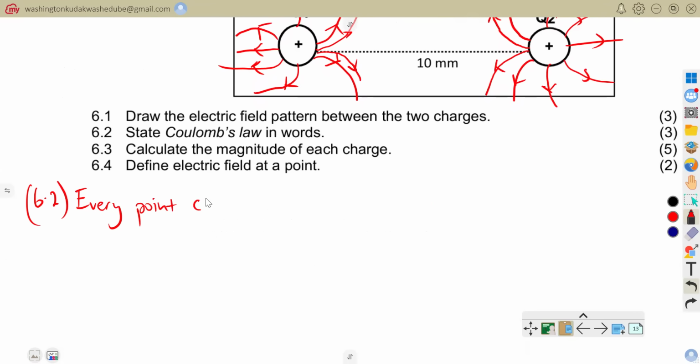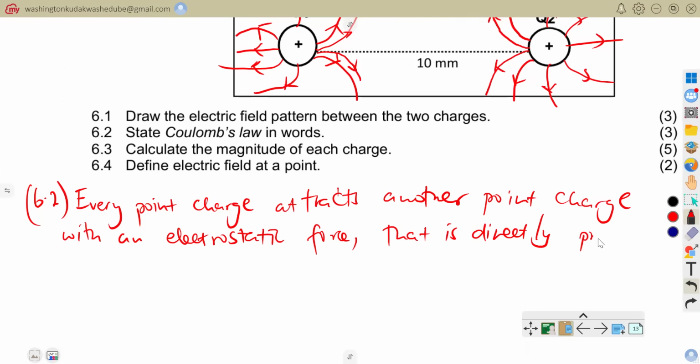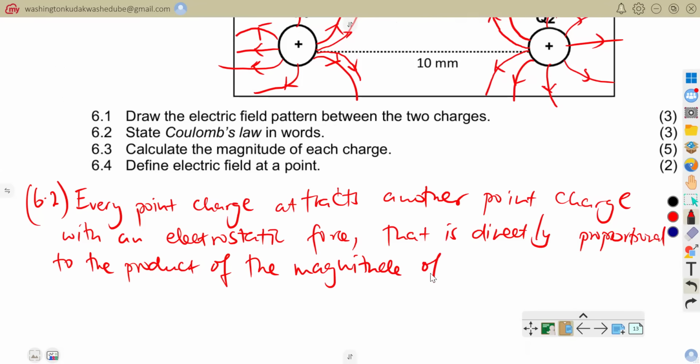Every point charge attracts another point charge with an electrostatic force that is directly proportional to the product of the magnitude of the 2-point charges.